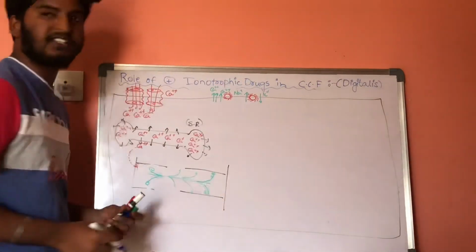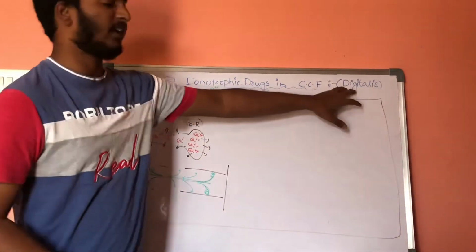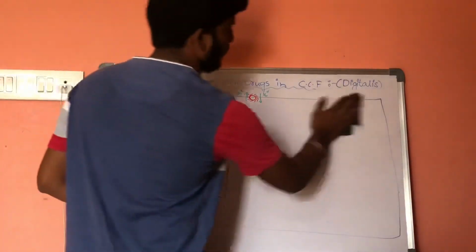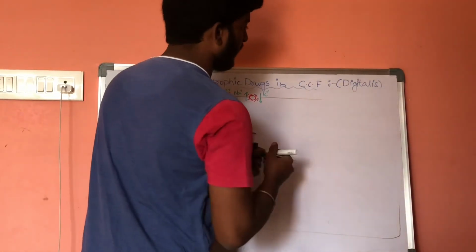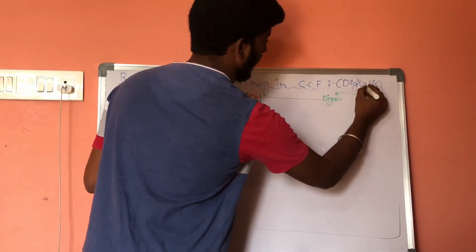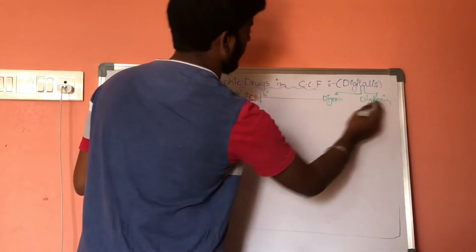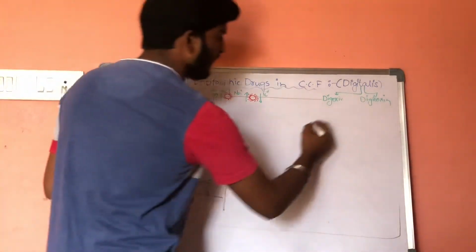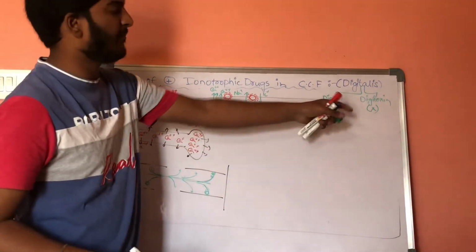Let us discuss digitalis. Before discussing the mechanism of digitalis, digitalis includes two drugs, digoxin and digitoxin. Digoxin is more accurate and more used when compared to digitoxin.